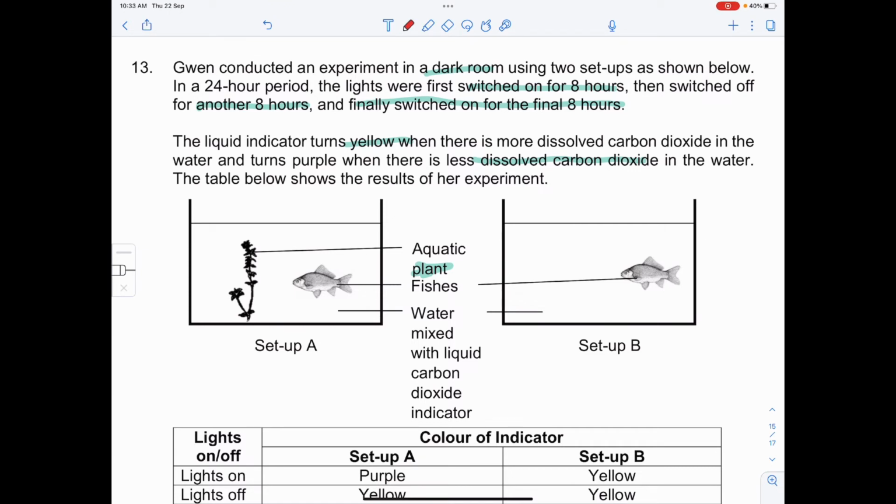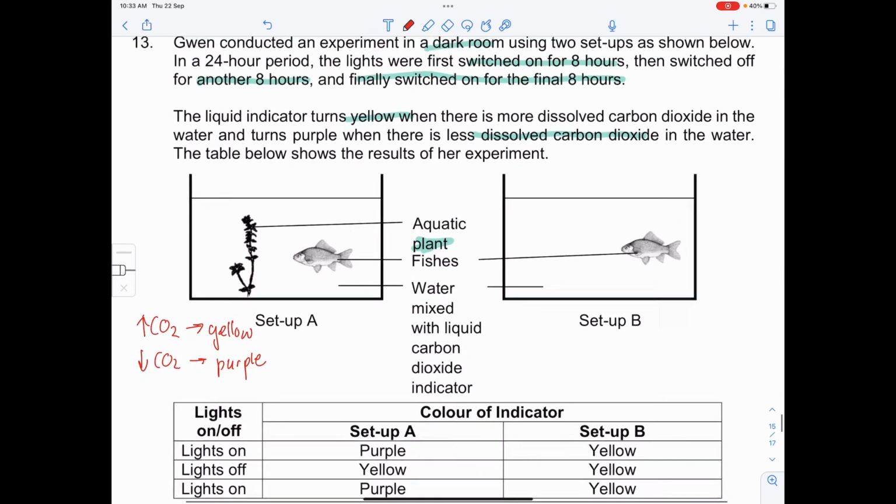So I know that when there is more CO2, it becomes yellow. And when there is less CO2, it becomes purple. Right? If not, I would have to keep reading that sentence again, which is not only time consuming, but it could be very confusing. Alright?